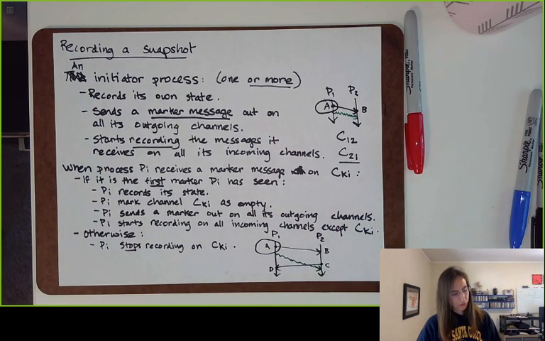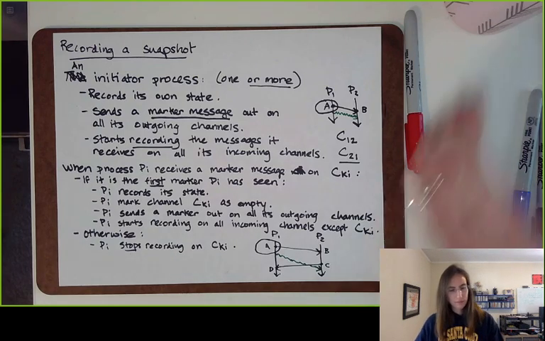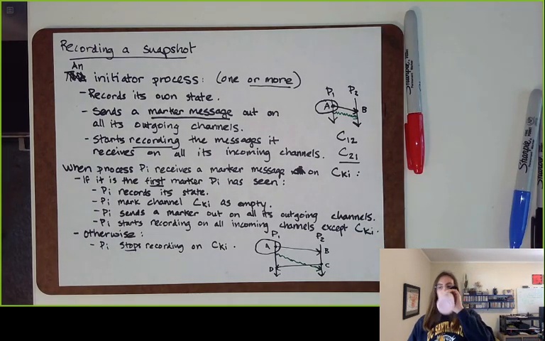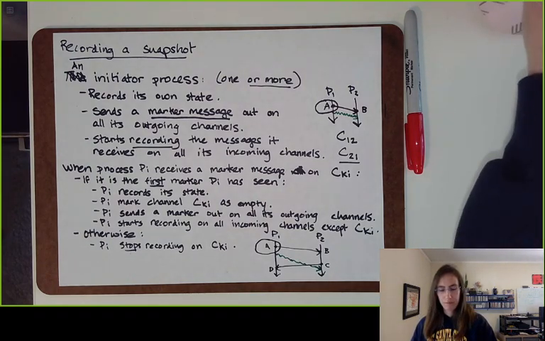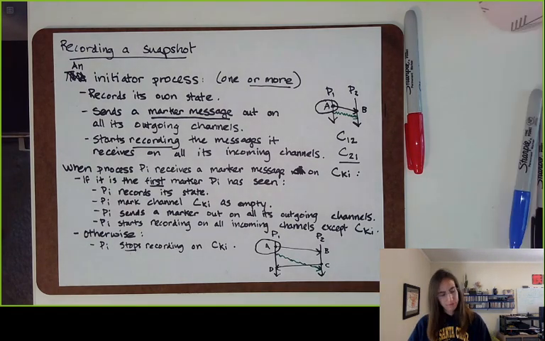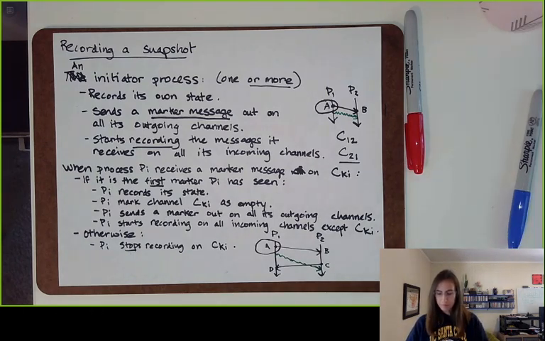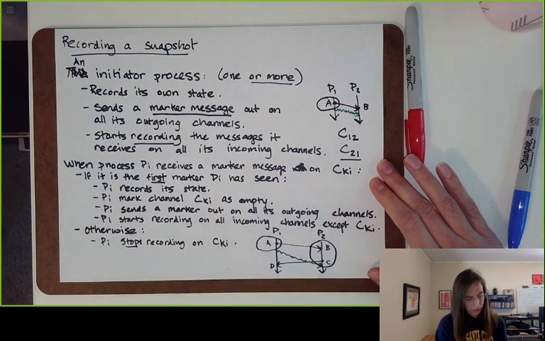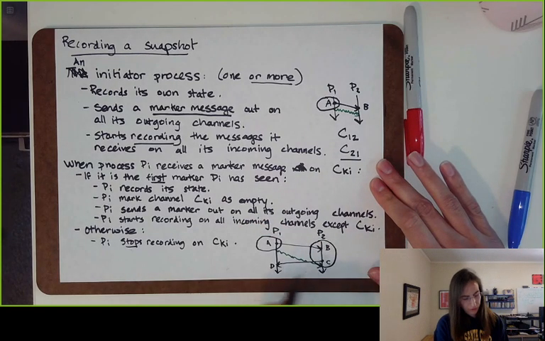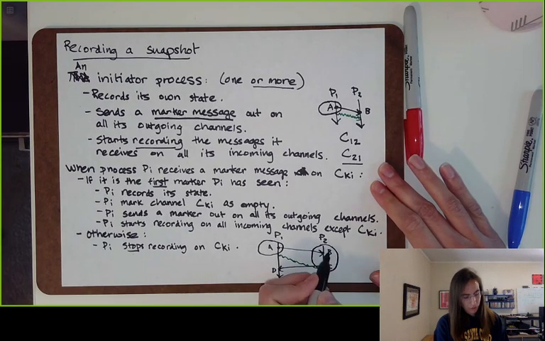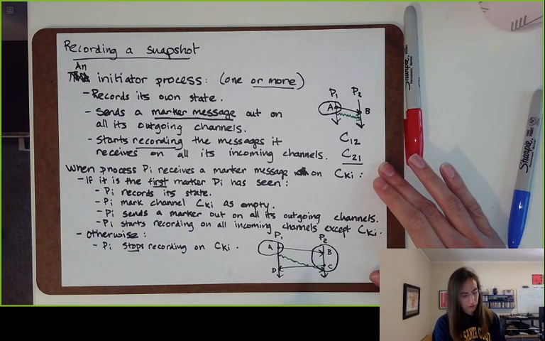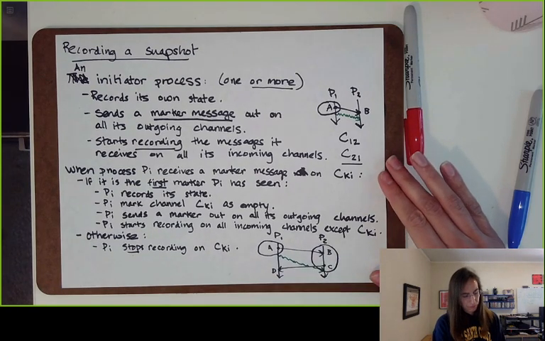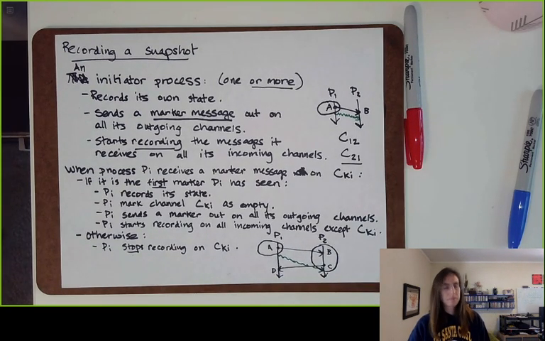Somebody tell me what P2 does at this point. That's right, yep. So what was just said was that it records its state. Its state includes events B and C, so it's going to record those. And now what does it have to do?